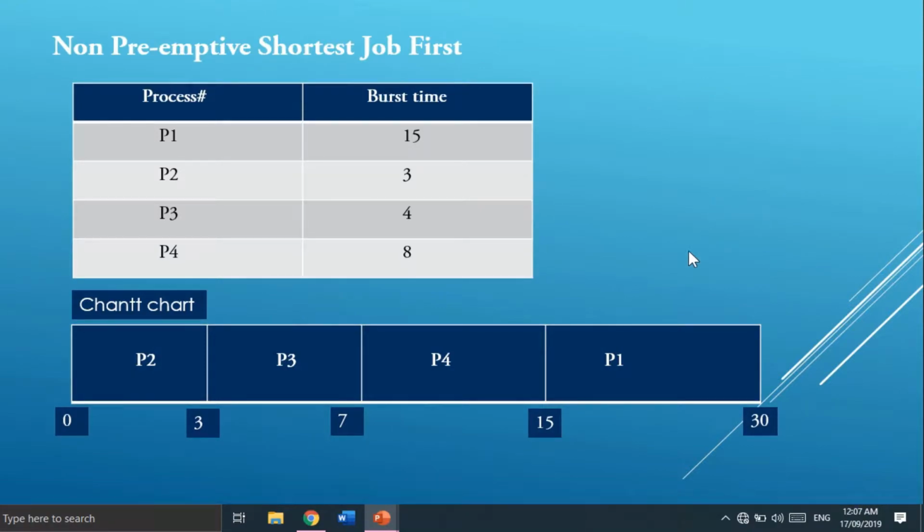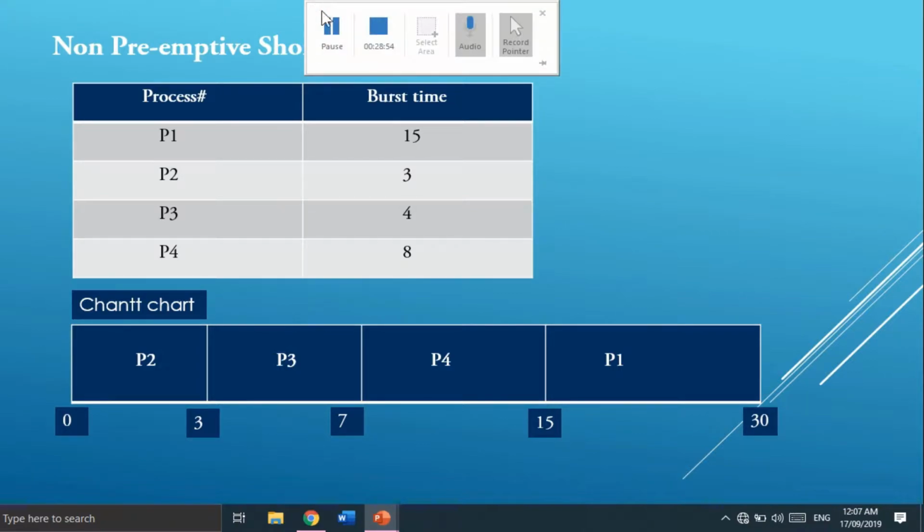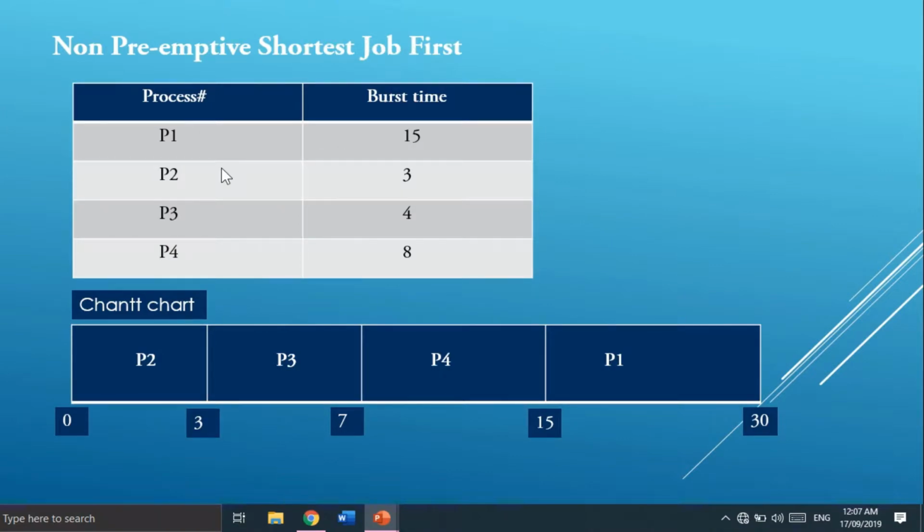This table shows the non-preemptive shortest job first. So, considering the processes below available in the ready queue for execution, with the arrival time at 0 for all given bursts.